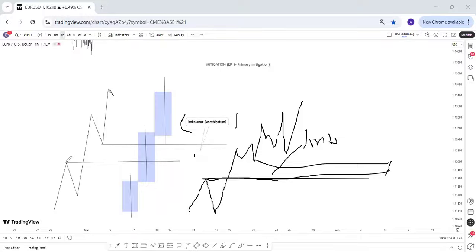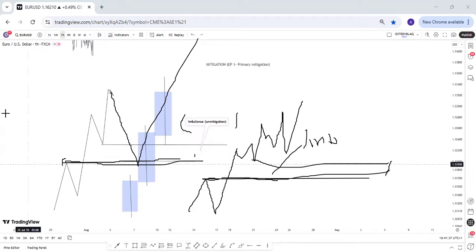Why? Because this particular resistance has not been used. So there's a tendency price can come, use it to continue order flow. What has now happened? It now means this has proper mitigation. Although there are complex kinds of mitigations, in our subsequent episodes of the mitigation series we are going to look deeply at those complex ones. But for the aim of this class, we are talking about basic mitigation, primary mitigation.